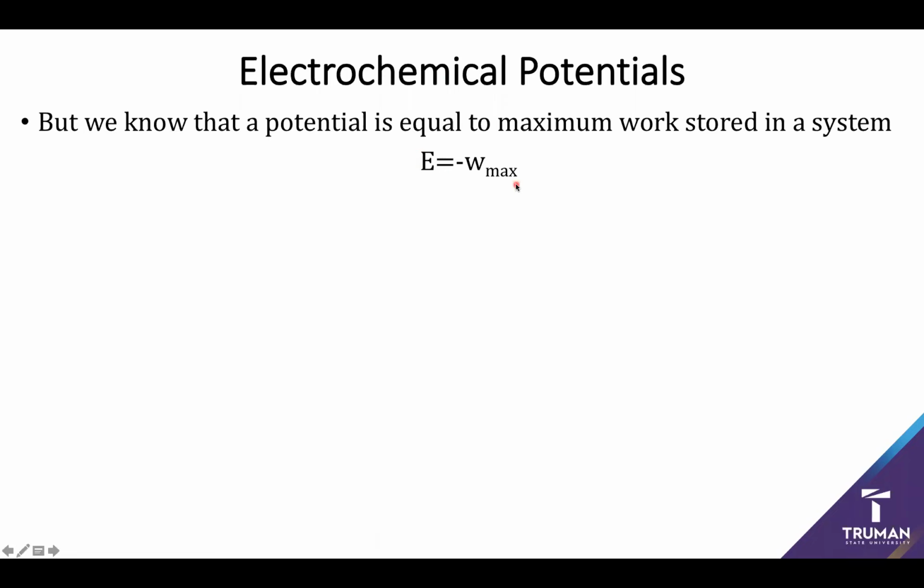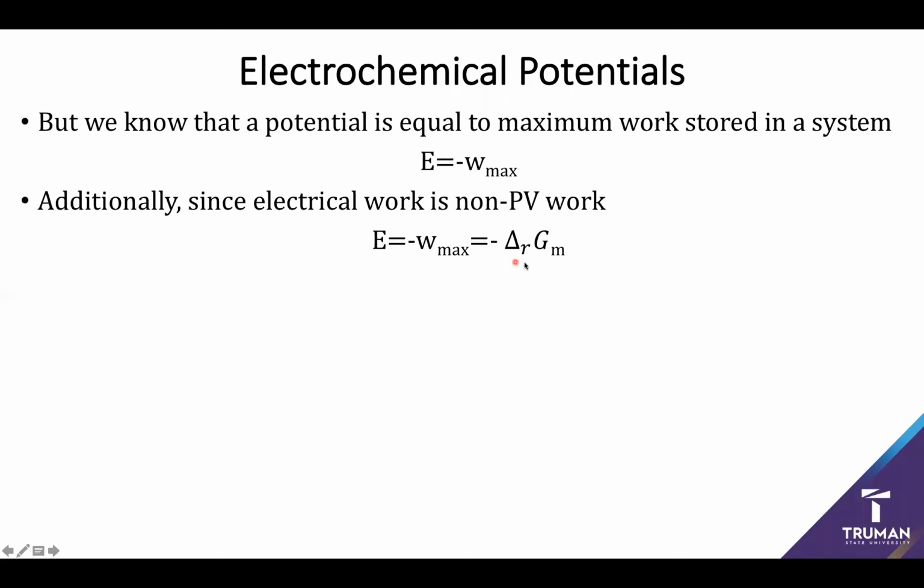In an electrochemical cell, moving electrons is considered non-PV work, which means my potential is related to the negative of the free energy of the redox reaction that I'm measuring in these two half cells.